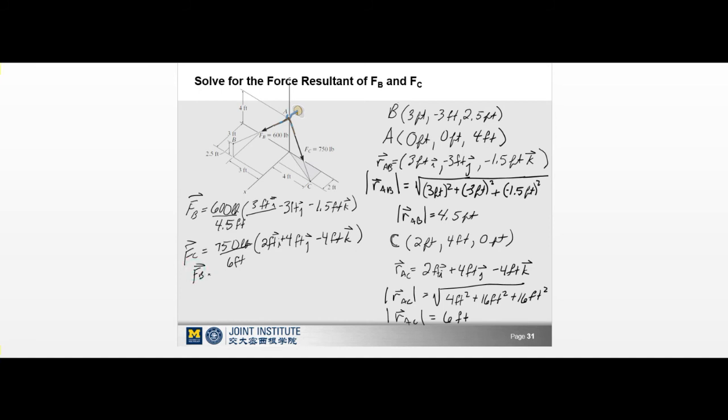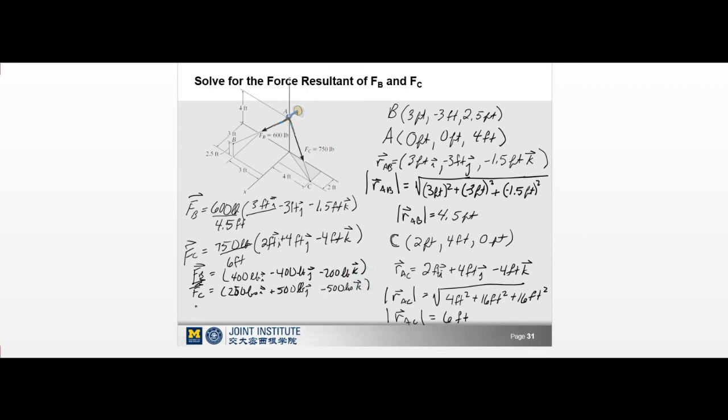And so what we'll do is we have FB is then equal to 400 pounds in the I minus 400 pounds in the J, and then we have minus 200 pounds in the K. FC is equal to 250 pounds in the I plus 500 pounds in the J minus 500 pounds in the K.